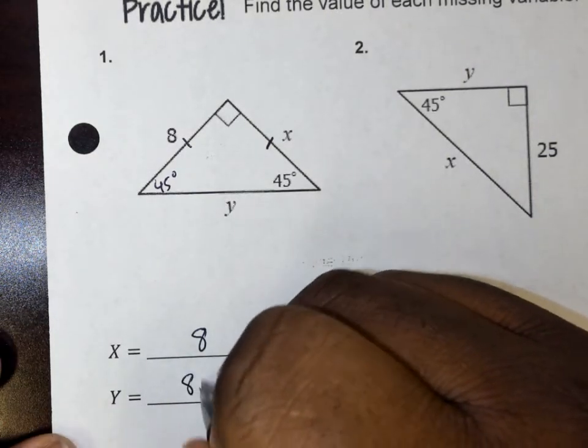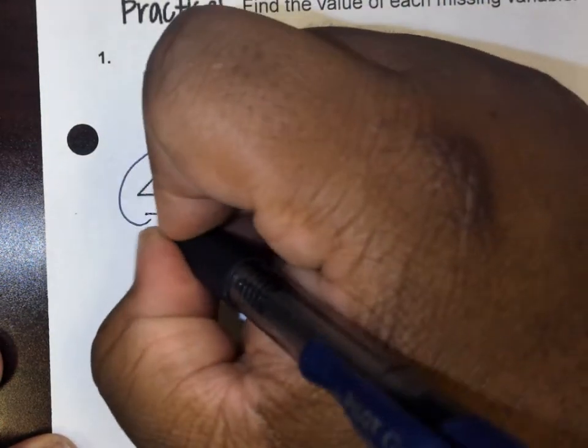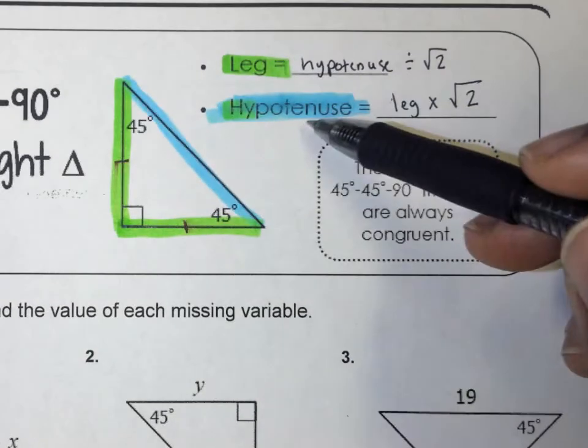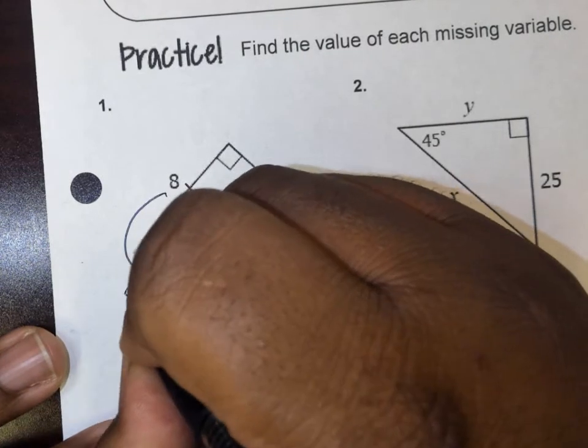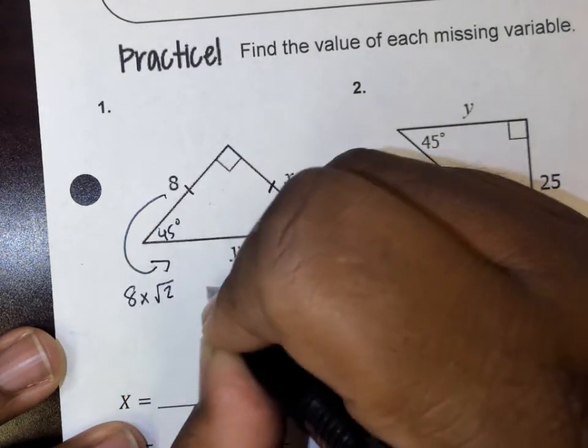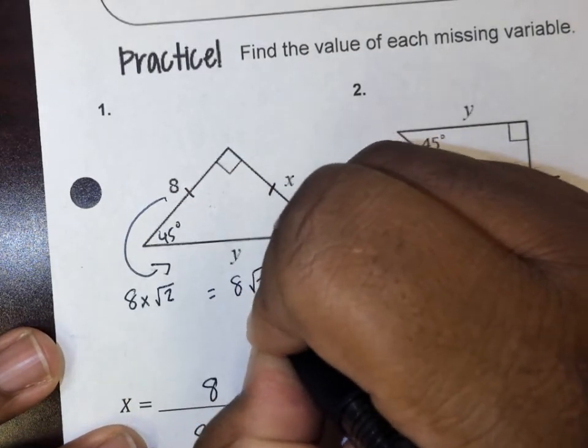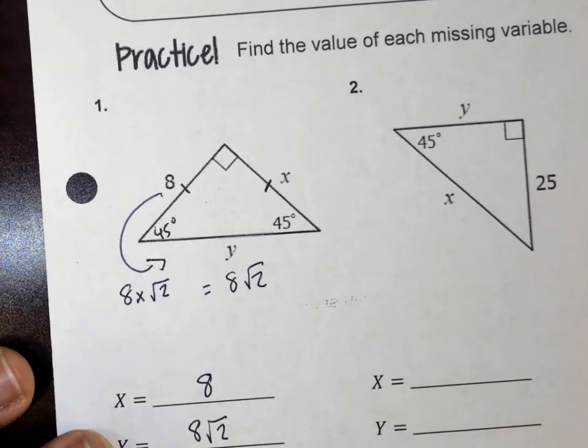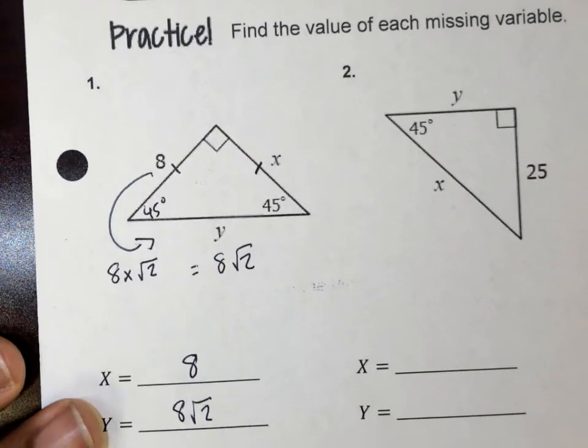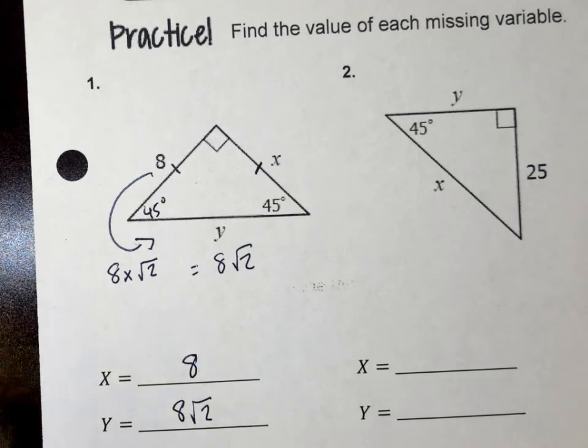Thank you, sir. The work for that, if you needed to see it, I'm looking for my hypotenuse, so it's my leg times square root of 2. I'm going to take my leg here, 8, times it by square root 2, which is going to give me 8 square root 2. I showed you why that works out, but this is just a quick way to do it. You don't have to do no real work for this.